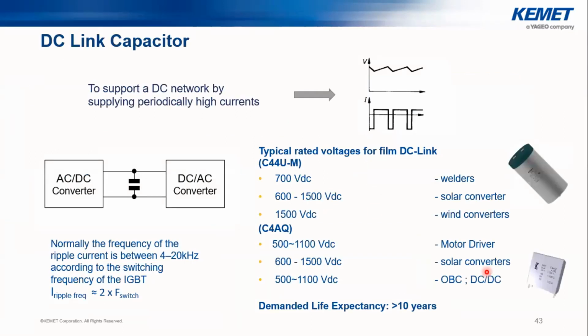And the last will be DC link capacitors. We also have them for applications such as welders, solar converters, wind motor drives, and onboard battery chargers. We are going to have higher powers, so higher voltages as well. But as mentioned, for DC applications, the partial discharge phenomenon usually happens at a higher voltage, and the insulation materials can also handle higher DC voltage.